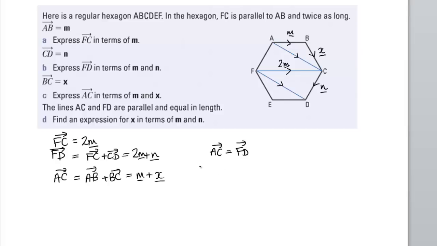So that means that m add x, this one here, must equal 2m add n, this one here. We're looking for an expression for x in terms of m and n, so we rearrange a vector equation the same as we do any linear equation by adding and subtracting. So let's subtract an m, but it's a vector we're subtracting, so x equals m add n.